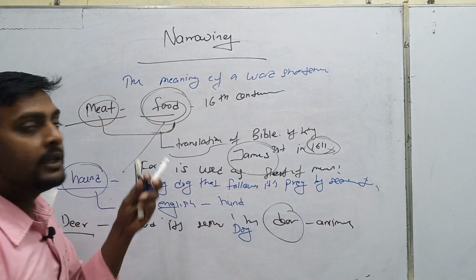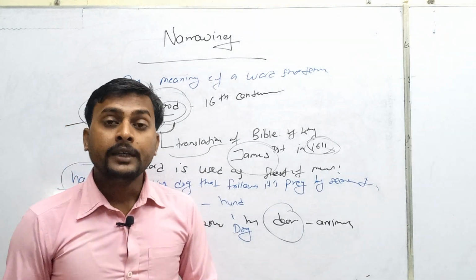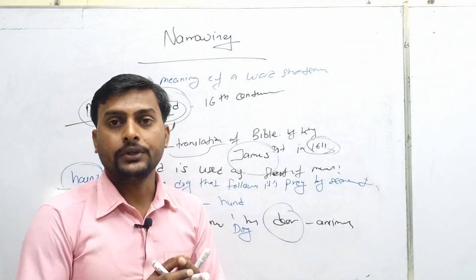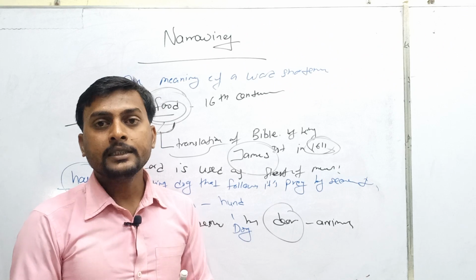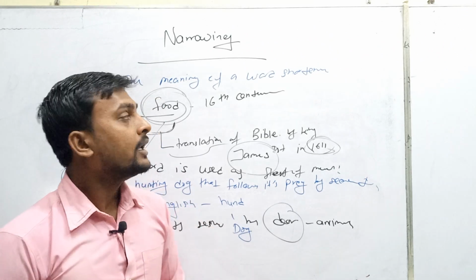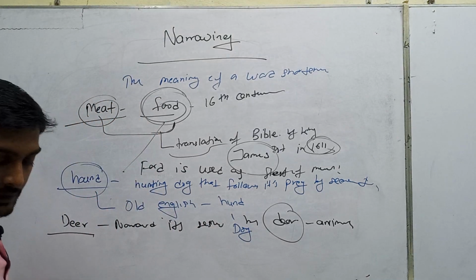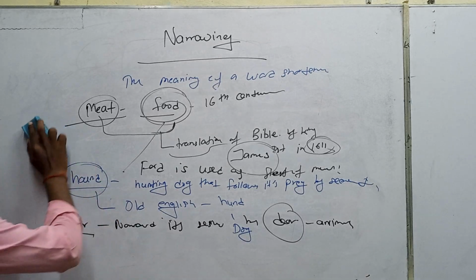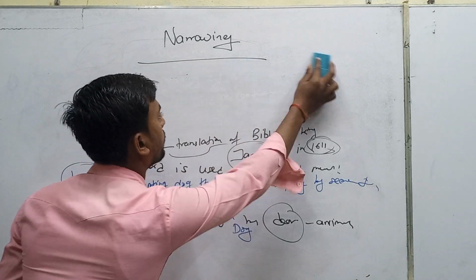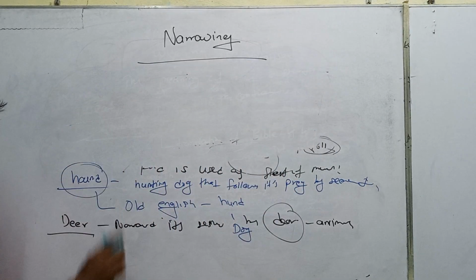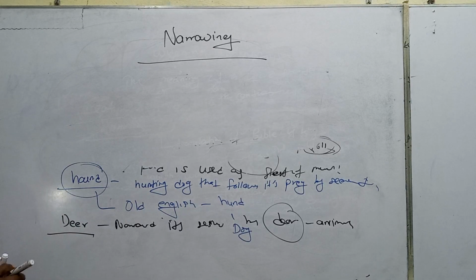So in narrowing, we narrow the form of a word to be used in fewer contexts. Let's look at a few more examples of narrowing.